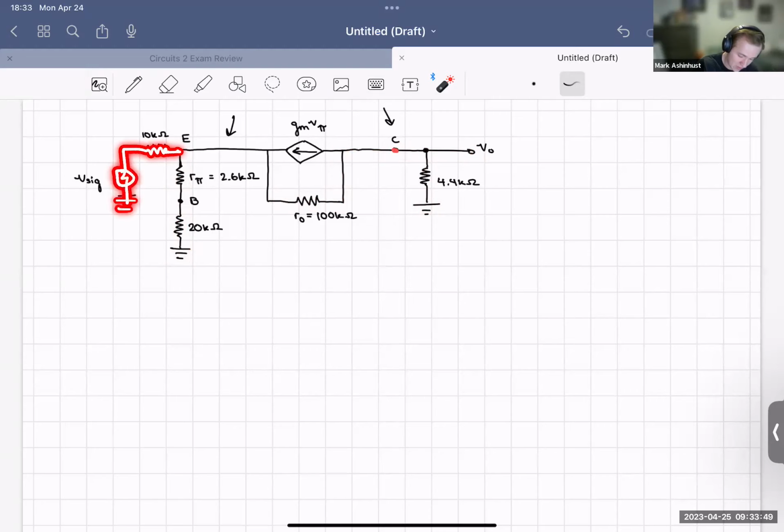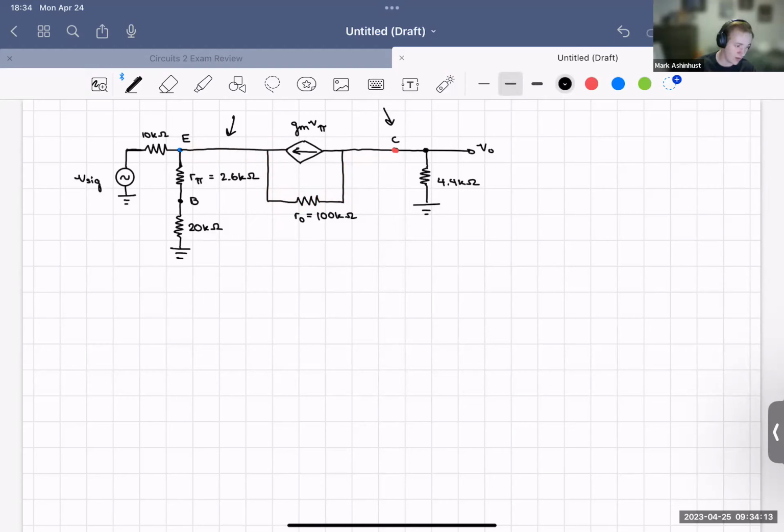There's 2. And then we'll have E that goes, we got that gm V pi. We'll use that again. And then we'll have an E here over the 100K. So we need 4 now. We're not going to have 3.